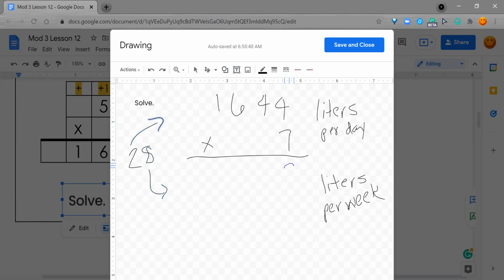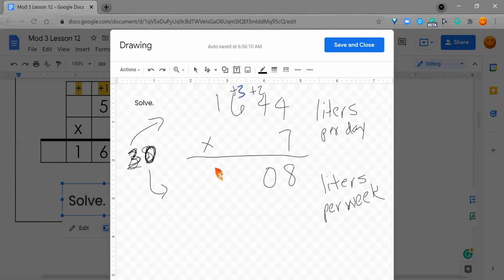So I'm going to drop my 8 and I'm going to carry my 2. I'm going to do 7 times 4 again, which is 28 plus 2, which is 30. So right here, you guys, here's my 30. Do you see it? My 0 gets dropped and my 3 gets carried.